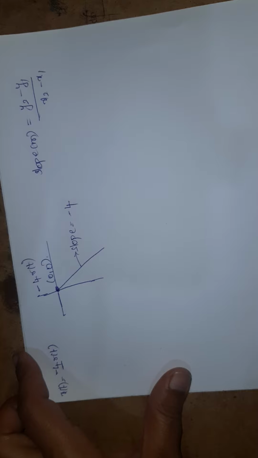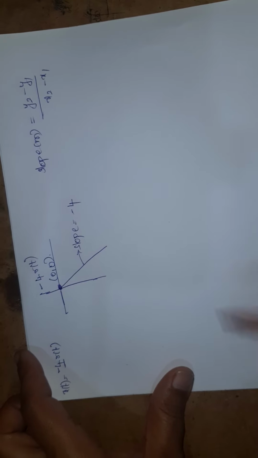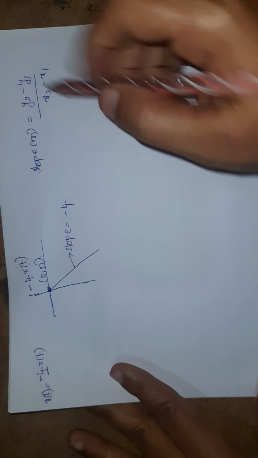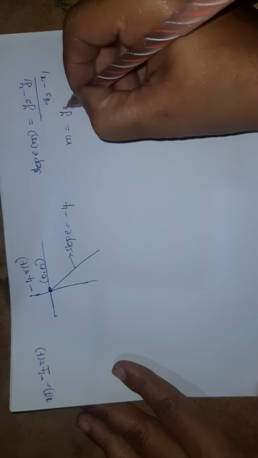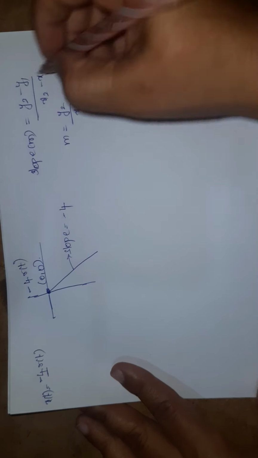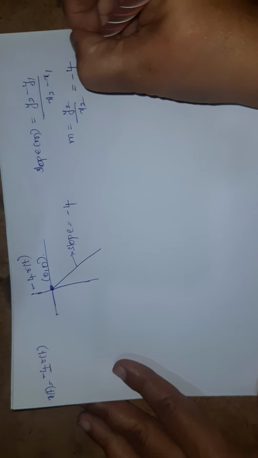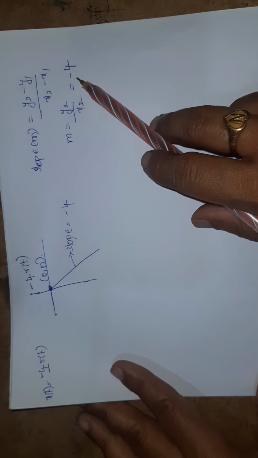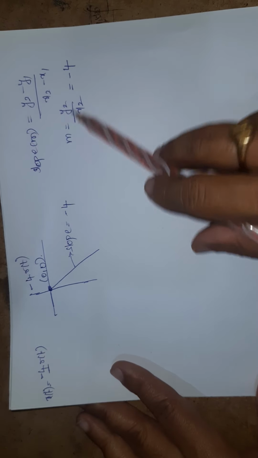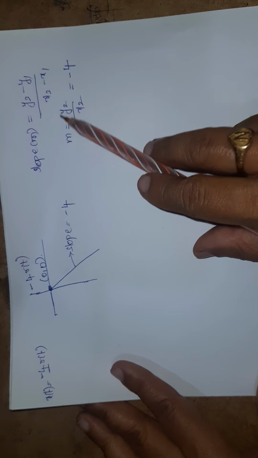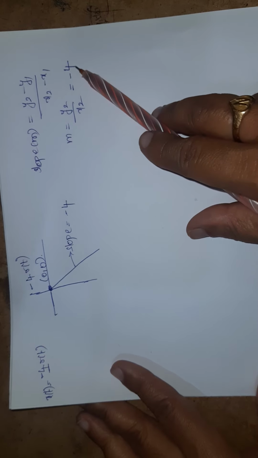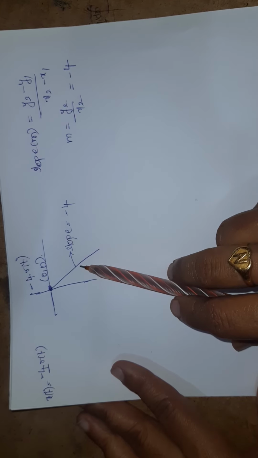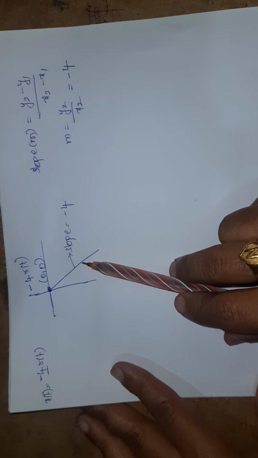That is x1 y1 are always 0. If x1 y1 are always 0, then what is the slope formula? Slope formula will become y2 by x2 only, and y2 by x2 is equal to minus 4. So what values can we substitute to get the minus 4? Okay, so from that we can get the slope as minus 4.